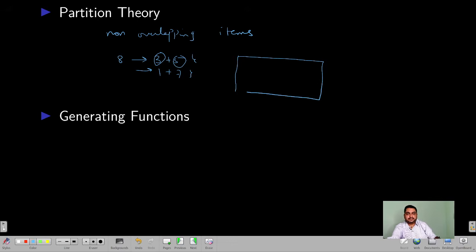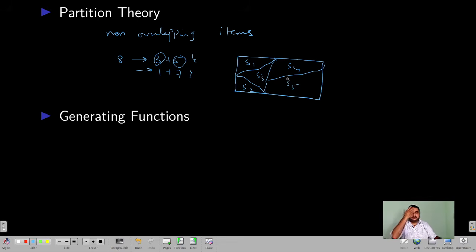What exactly does it say? Suppose this is the entire sample space, the universal set. We'll explain in probability theory what sample space, events, and all those things are. Let us partition this non-overlapping. That means this is set 1 or partition 1, this is partition 2, this is partition 3, this is partition 4, partition 5.